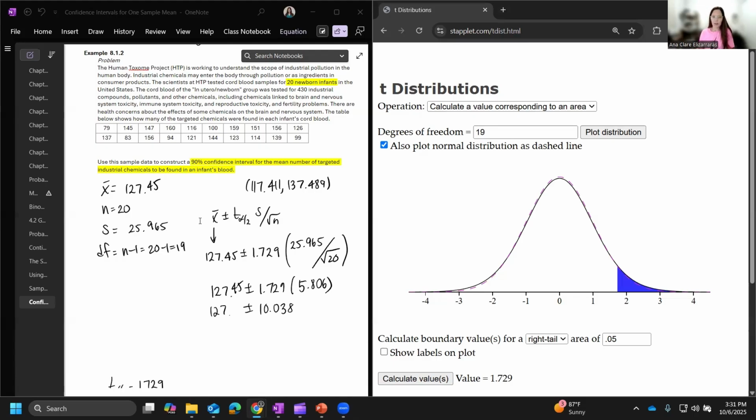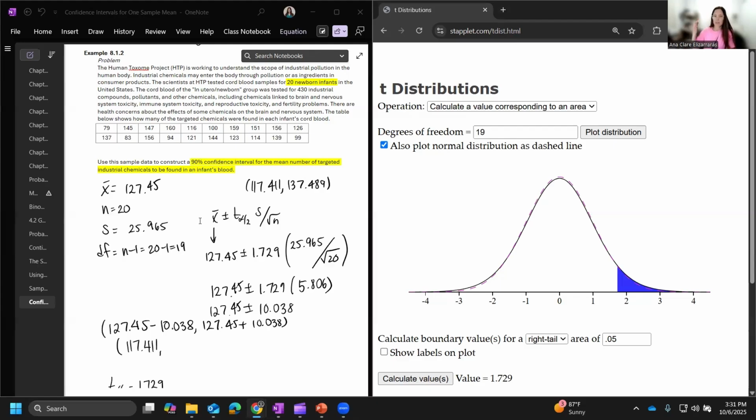And now I can create my interval. I do the point estimate minus my margin of error, and I also do my point estimate plus my margin of error. Two separate steps. 127.45 minus, and I'm going to do this without rounding so that I can be as accurate as possible, I get 117.411.